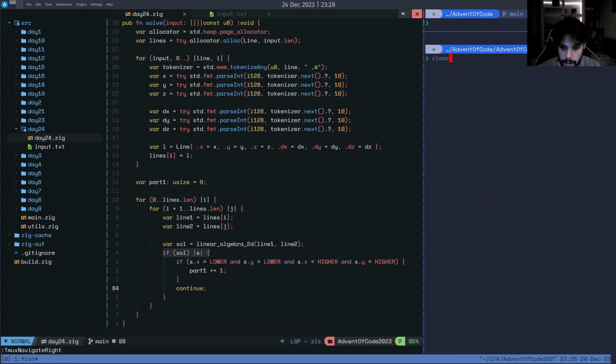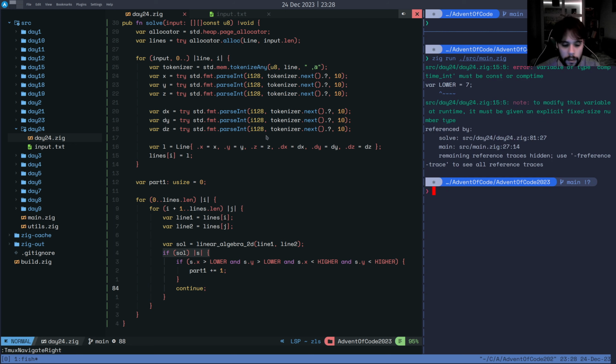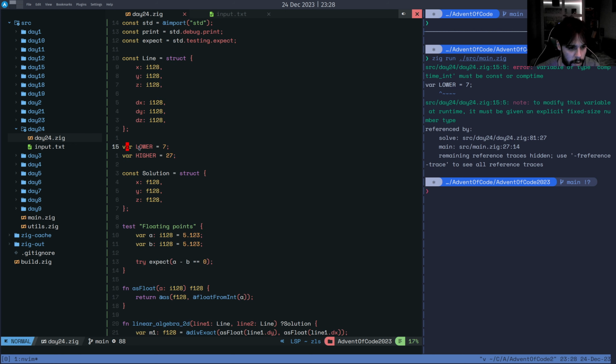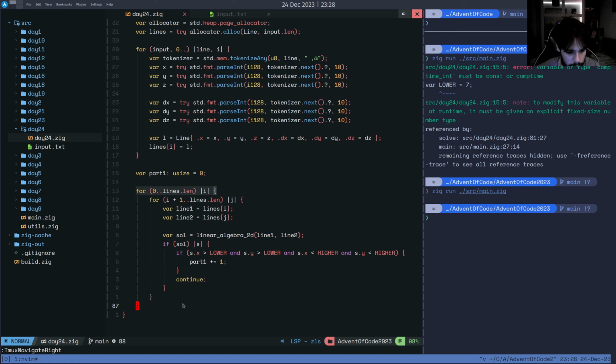Otherwise no solutions. Okay, what is this? Must be const or comptime. Okay, we'll make you const. There we go. You happy? I didn't print. Print part 1.